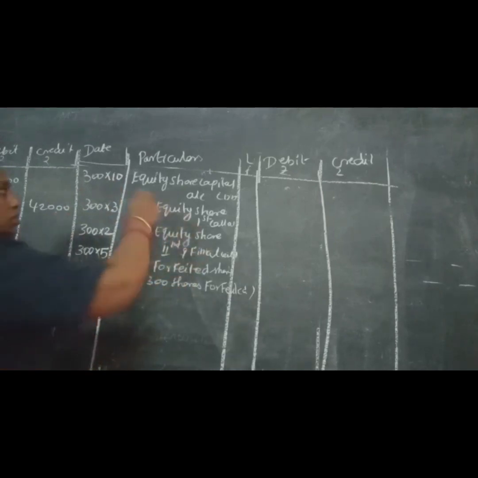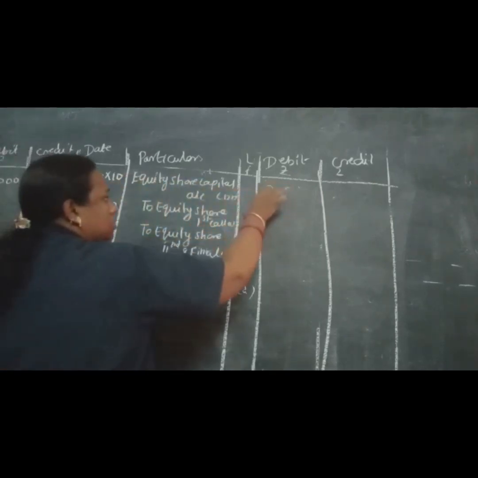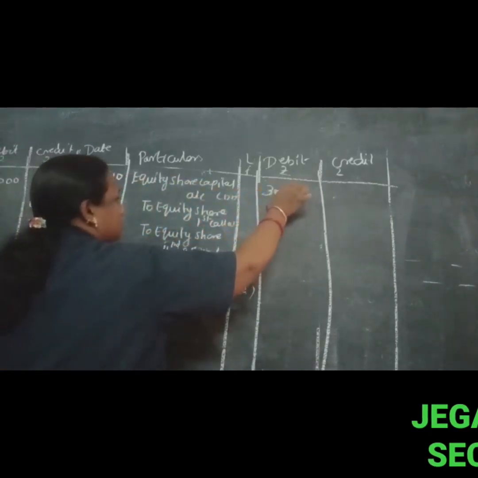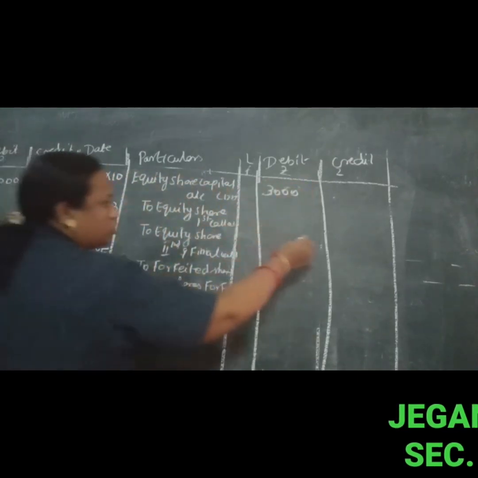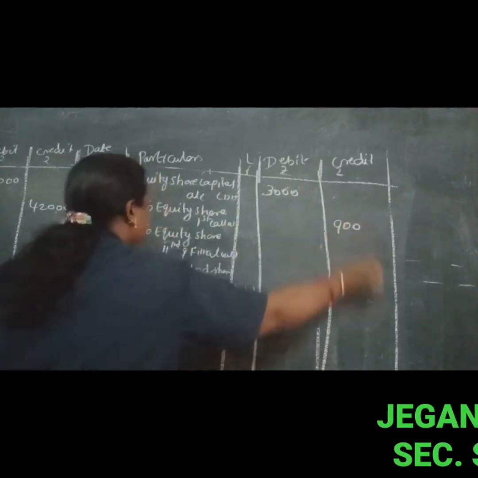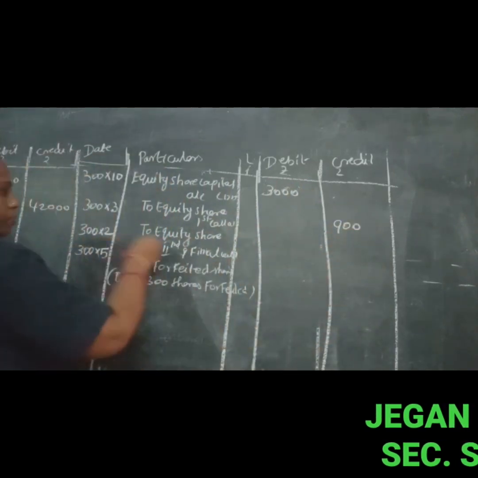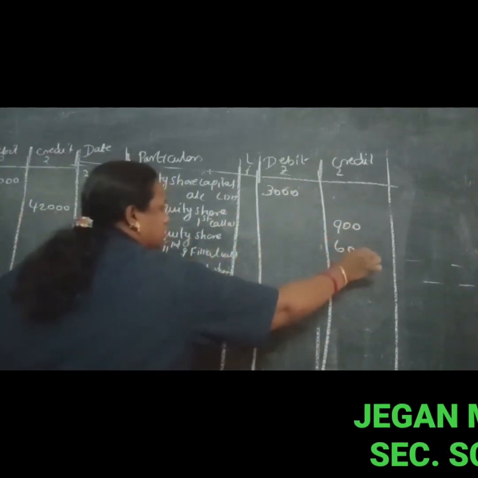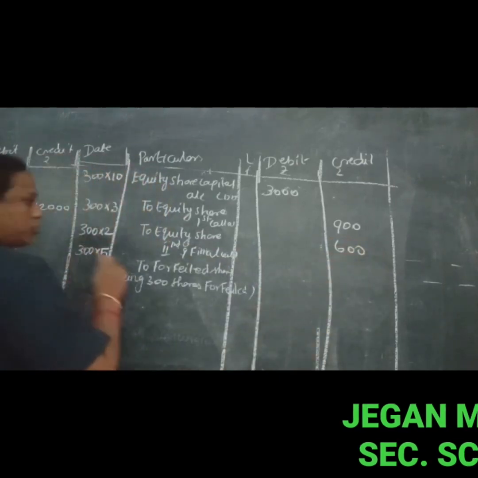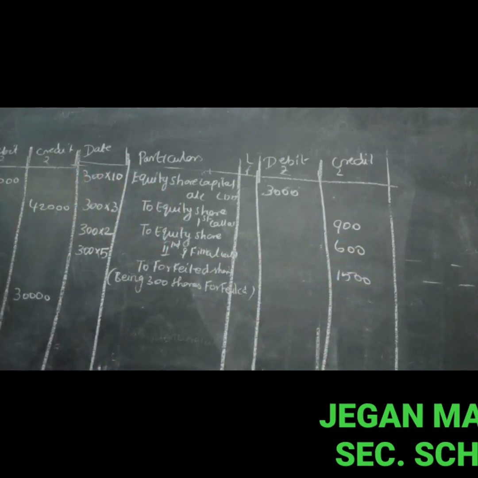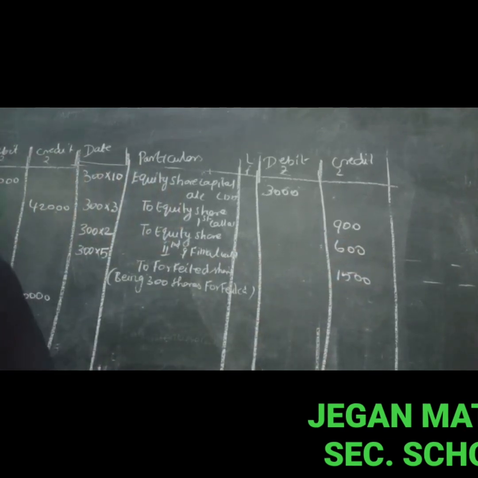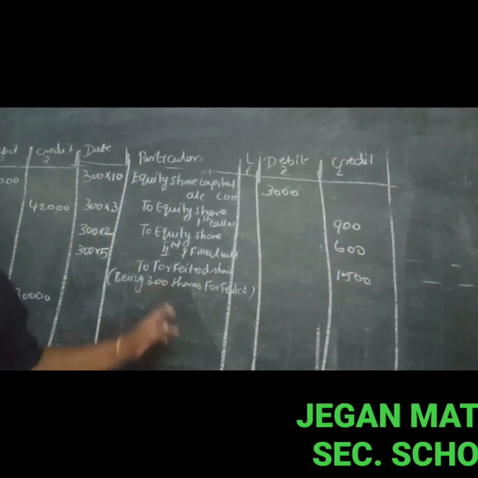So 300 into 10 rupees, 3,000; 300 into 3 rupees, 900; 300 into 2 rupees, 600; and 300 into 5 rupees, 1,500.